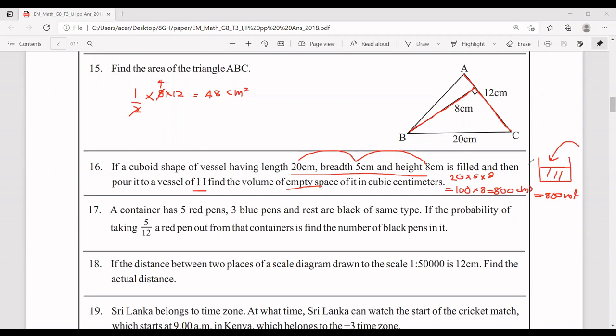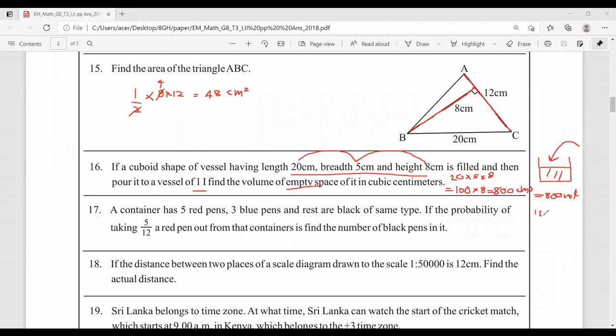So this bigger vessel is 1000 milliliters. The capacity of the bigger vessel is 1000 milliliters, but you put only 800 milliliters into it. Then what is the empty space? How to get the empty space? 1000 minus 800.